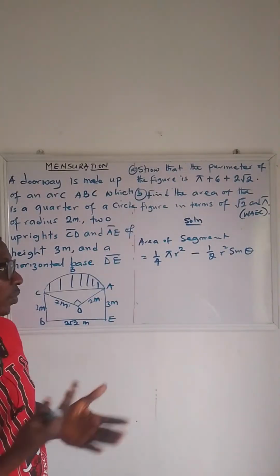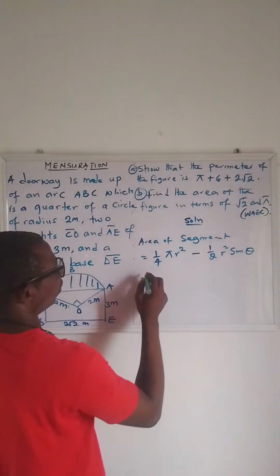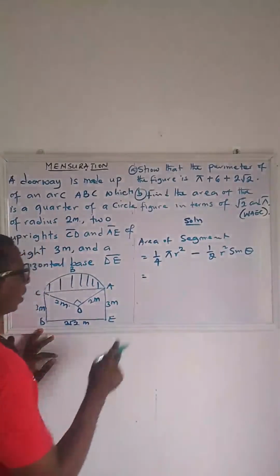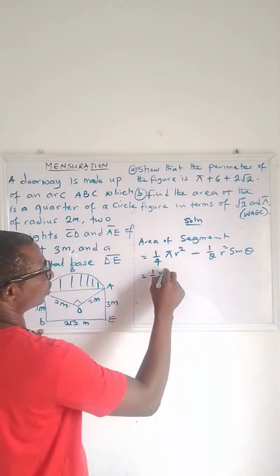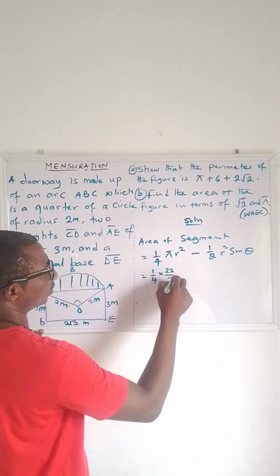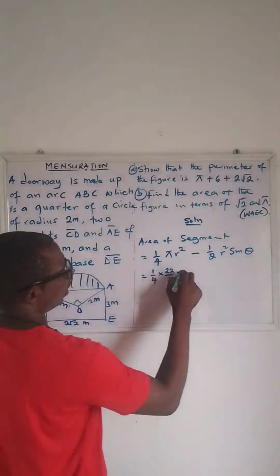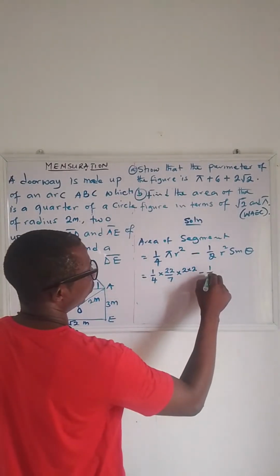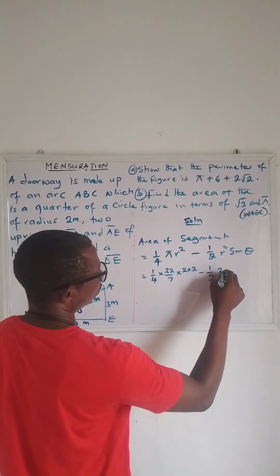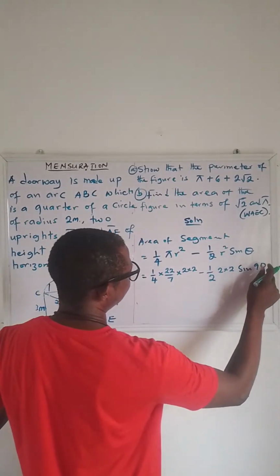Now we can go ahead and plug in the values. So what do we have here? This is 1/4 times 22/7 times the radius, which is 2, so we have 2 times 2, minus 1/2 times 2 times sine 90.